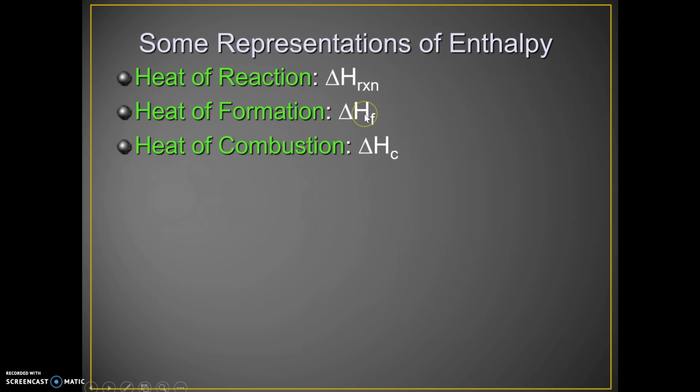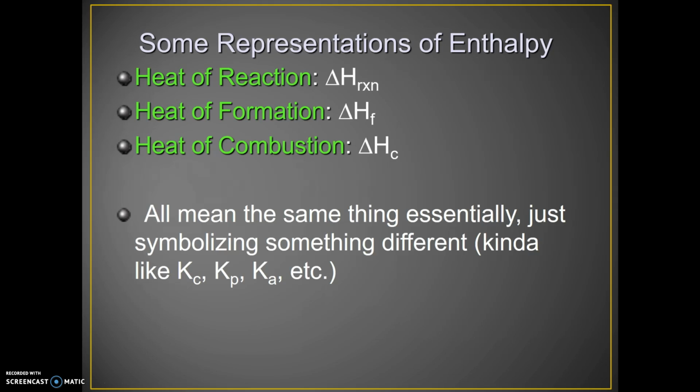So it's like forming a substance from its individual elements, like a synthesis reaction. And then heat of combustion, which would be just the heat in a combustion reaction. So they all represent your heat change, basically. It's just specific to like specific reactions, okay?